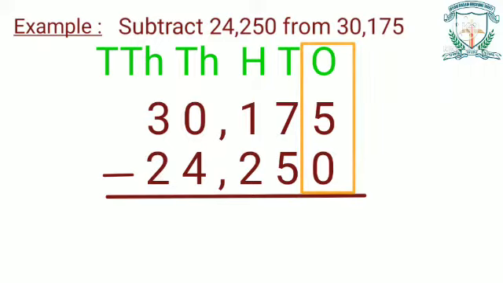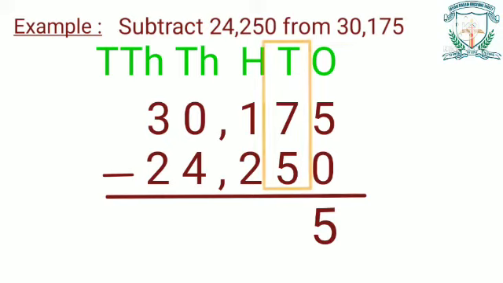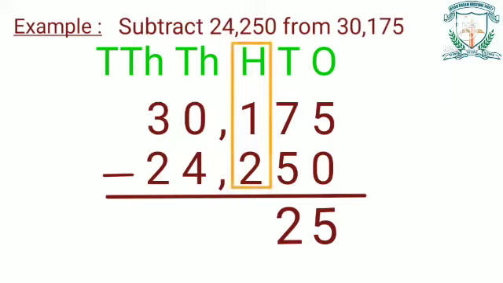5 minus 0 is equal to 5. Write 5 in one's place. Now, subtract 10's place digits. That is, 7 minus 5 is equal to 2. Write 2 in 10's place. Now, subtract 100's place digits.